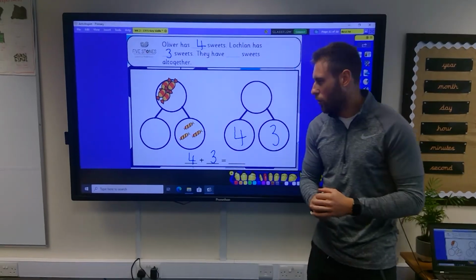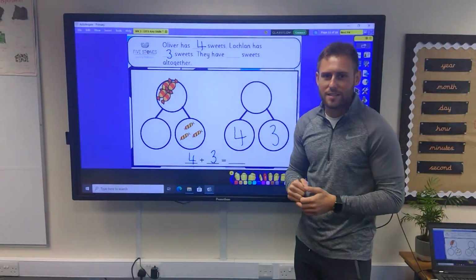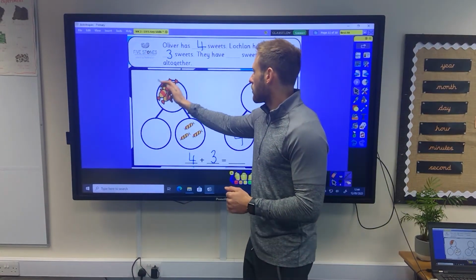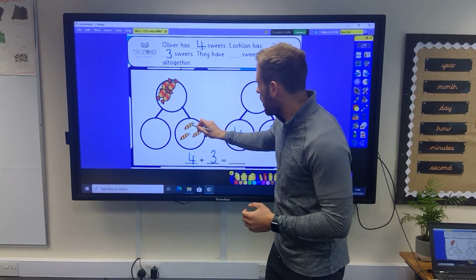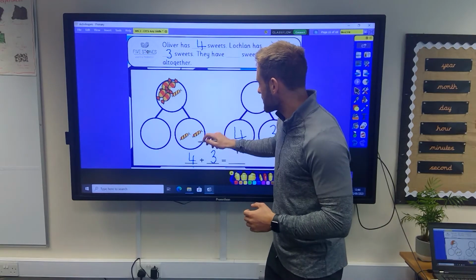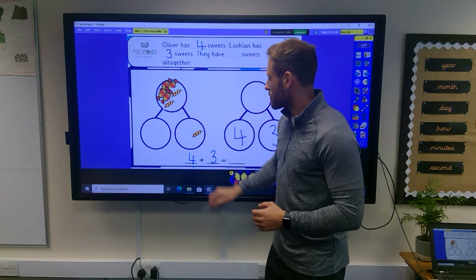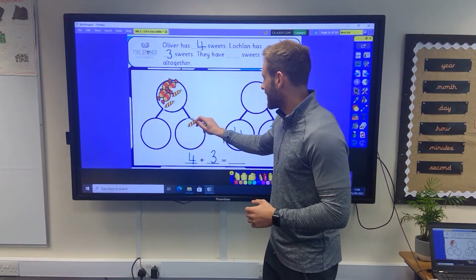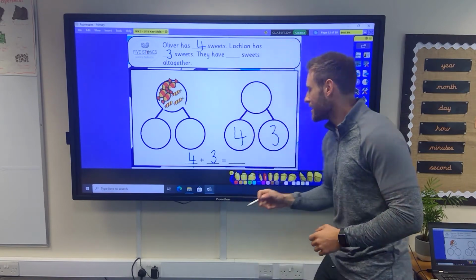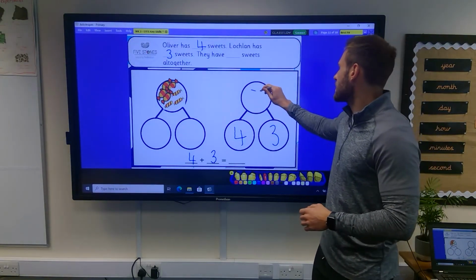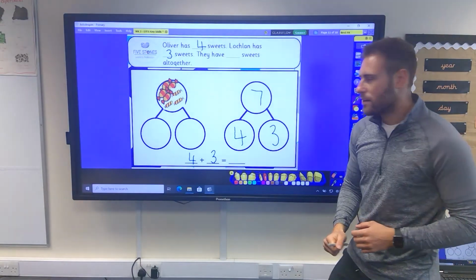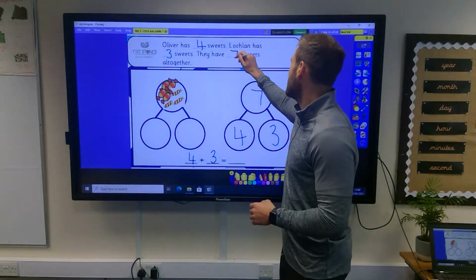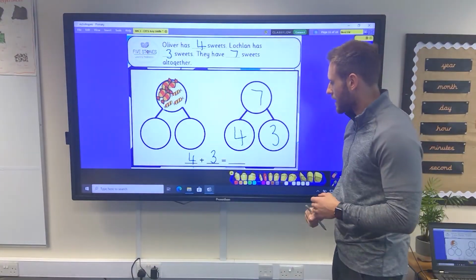We've got to keep on counting to see how many Lachlan has as well. So we've got 4, 5 sweets, 6 sweets, 7 sweets. We have 7 sweets all together.